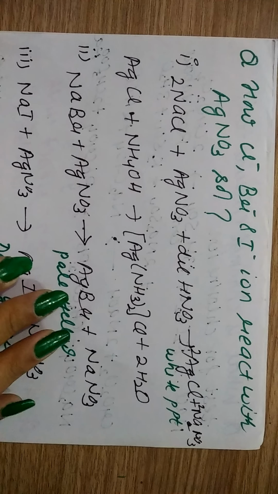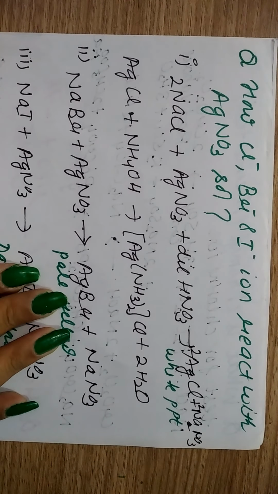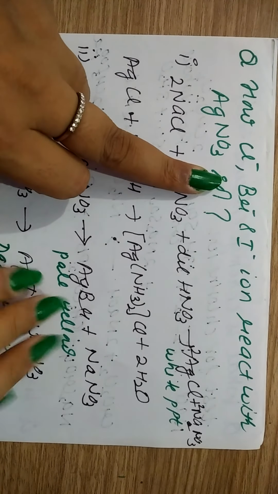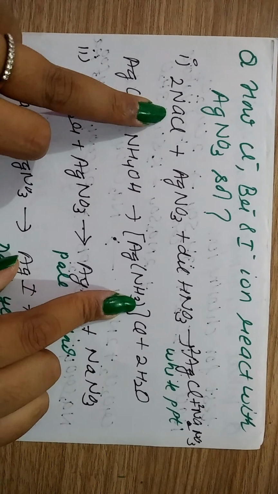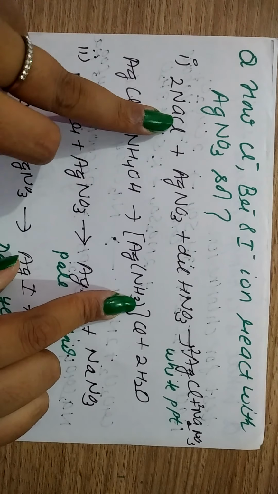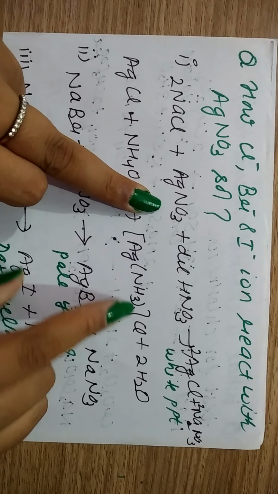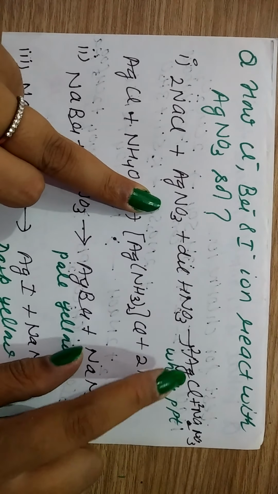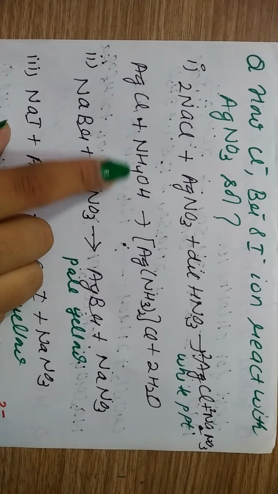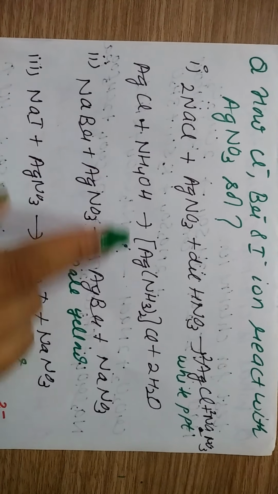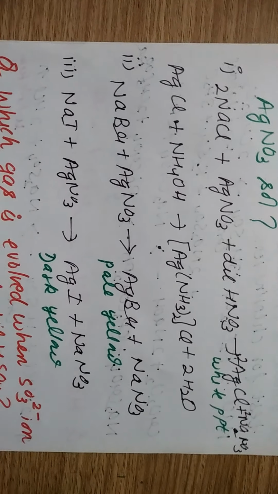Further, we can also differentiate these anions when they are treated with silver nitrate solution. Firstly, chloride anion treated with silver nitrate gives us a white PPT of AgCl, and when it is treated with ammonium hydroxide, it passes into the solution.